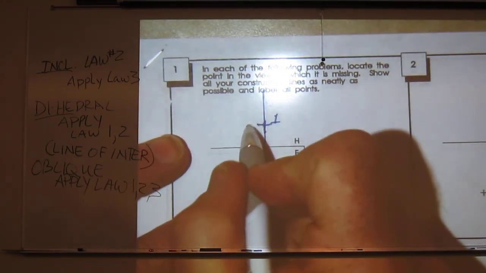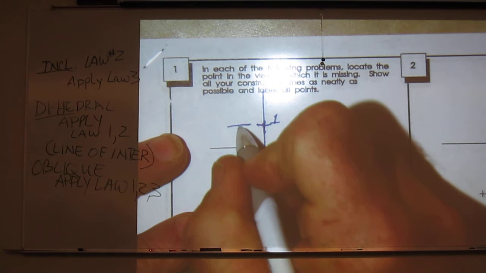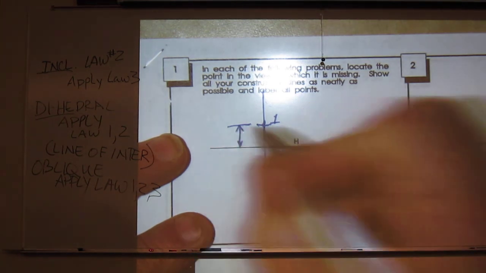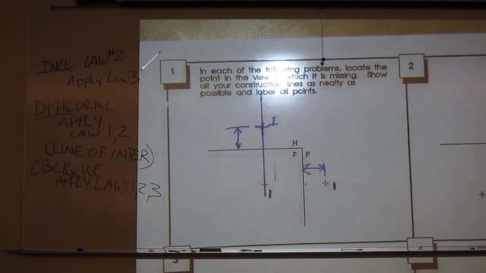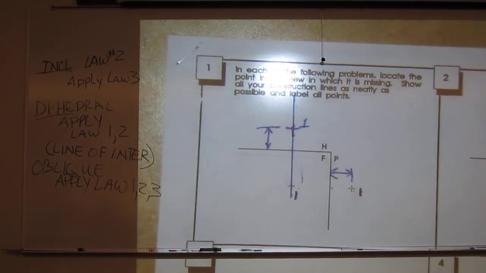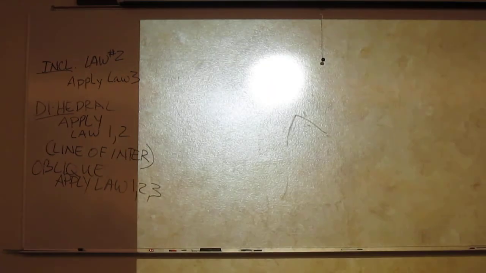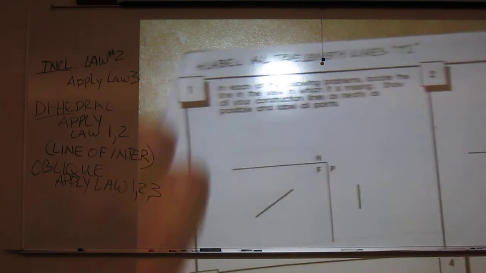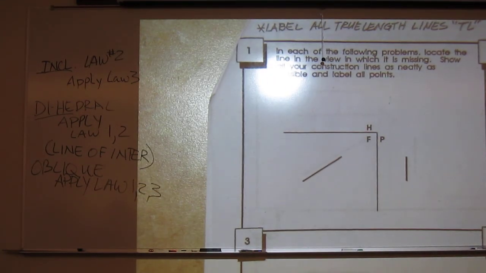That distance is the same as this distance from fold line to point. Are you good, Amy? Anybody else? Okay. I think the rest of those follow that same pattern. Let's go to sheet 2.